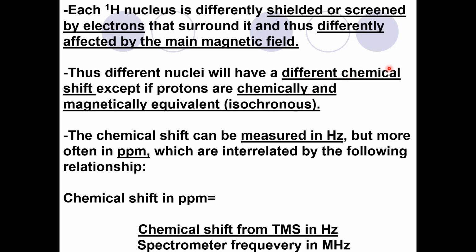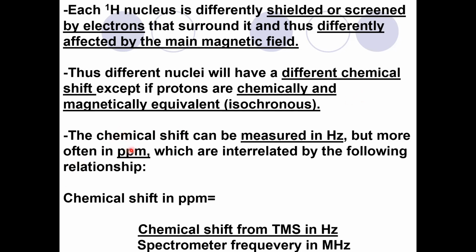Therefore, any chemical grouping which decreases this electronic cloud will cause de-shielding of the NMR signal for a proton.